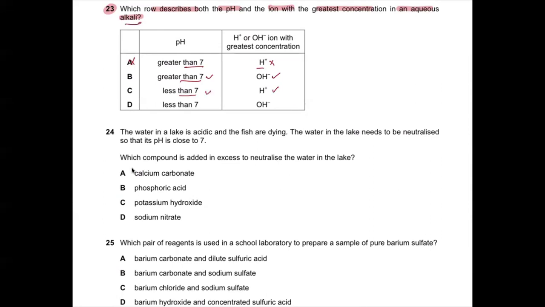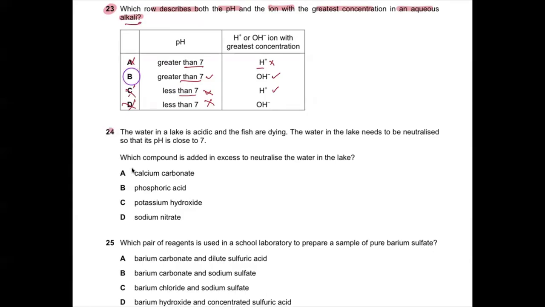But they are asking for alkali, and alkali doesn't have a pH less than 7. So C goes wrong and D goes wrong. B and A were correct on the basis of pH, but on the basis of ions, the OH ion is the one present in alkali in greater amount than hydrogen ion. So B is the correct answer. I hope till here it's clear.